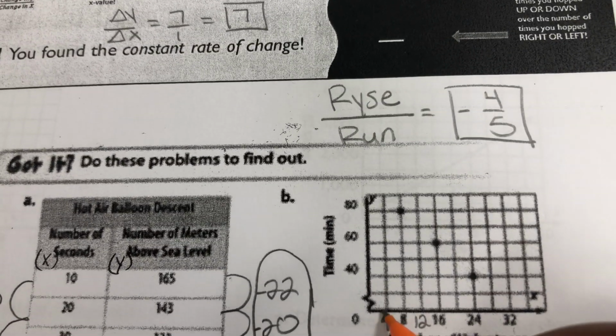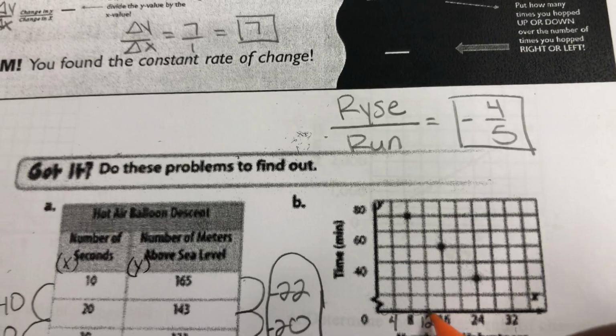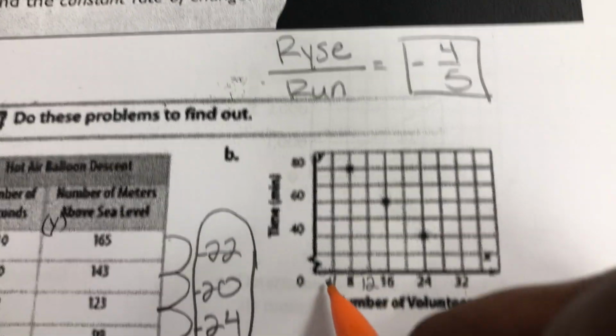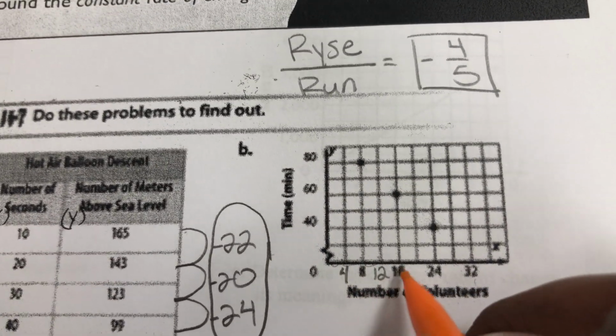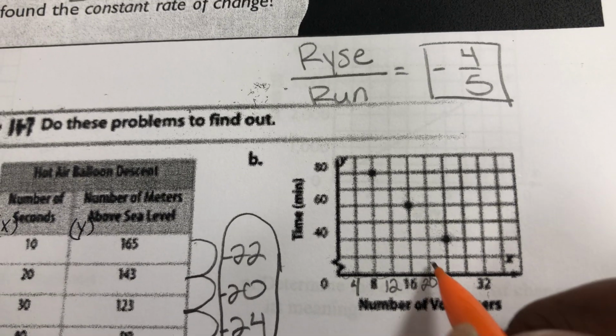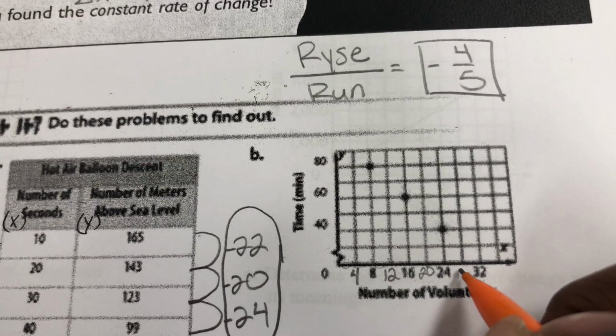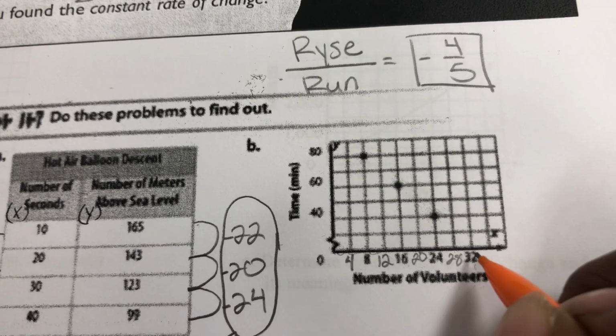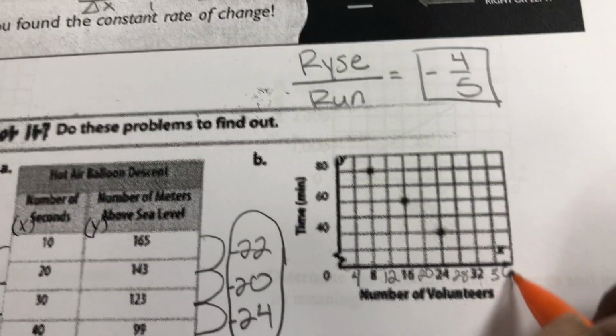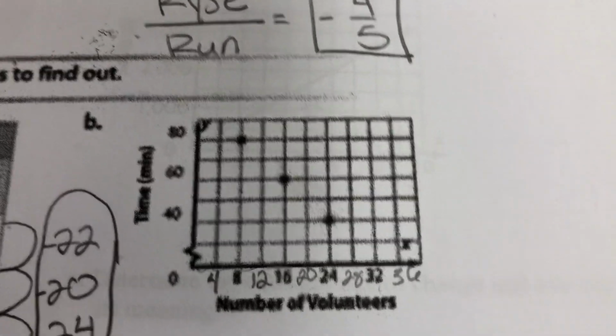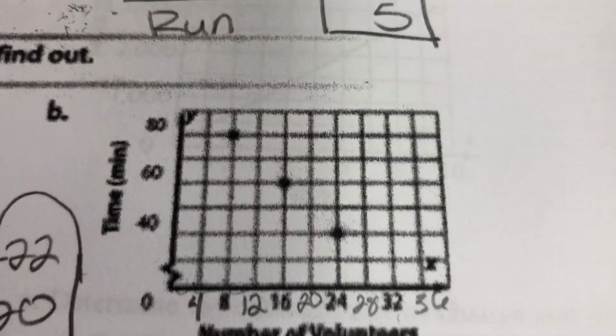So it looks like these are just going by 4s if you look at the boxes. So 4, 8, 12, 16. That means this is 20. This is 24. This is 28. That's 32. This is 36. All right, so we know what each box is going by.